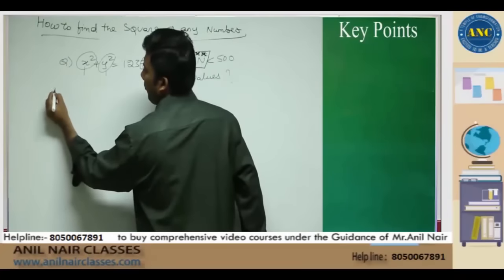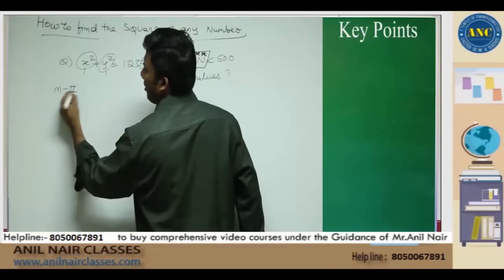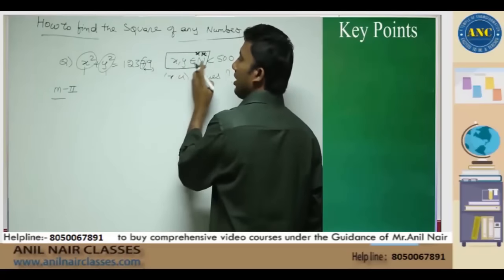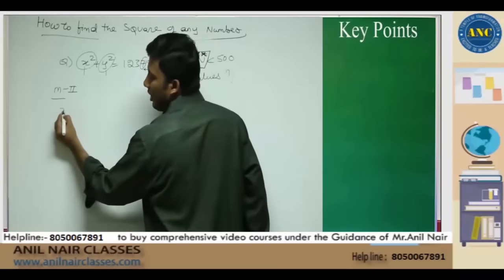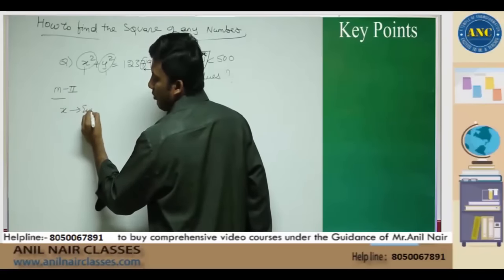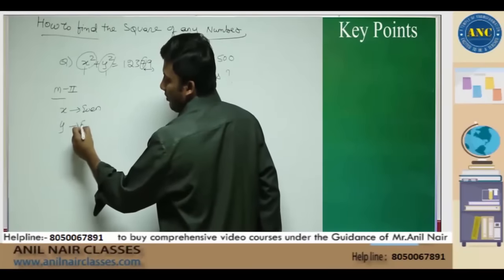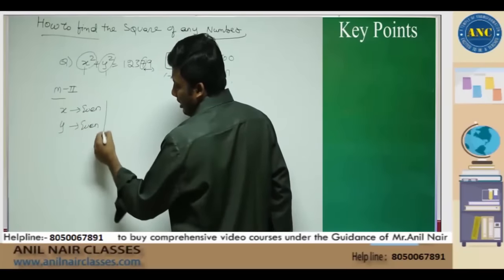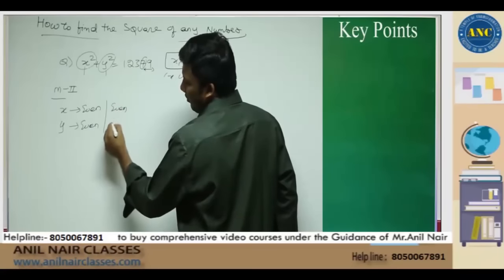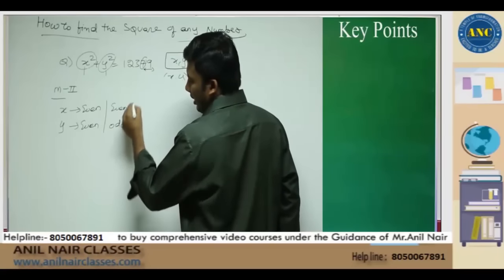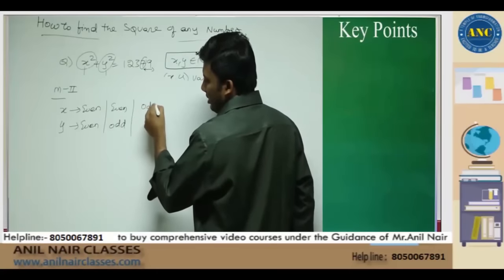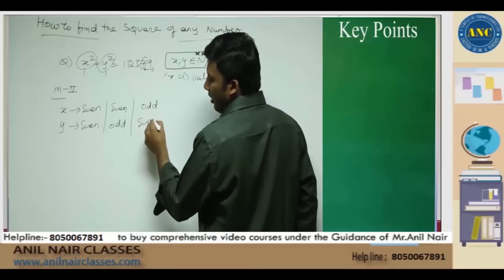Now, it is given in the question that x and y are natural numbers. If x and y are natural numbers, these are the 4 cases that will come. First case, x is an even number, y is an even number. Second case, x is an even number, y is an odd number. Third case, x is an odd number, y is an even number.